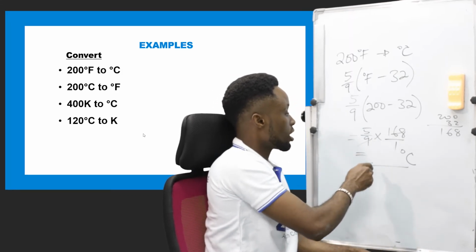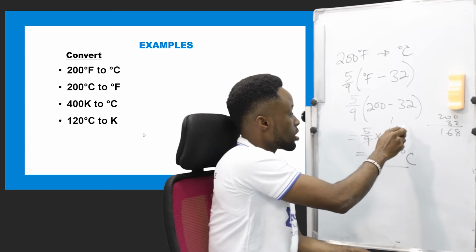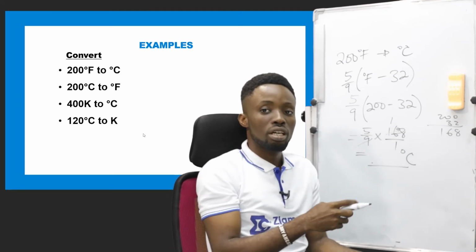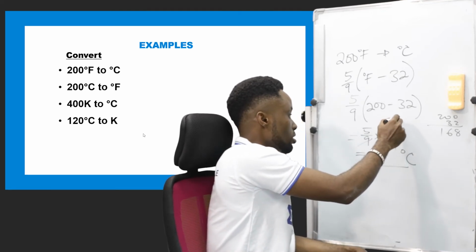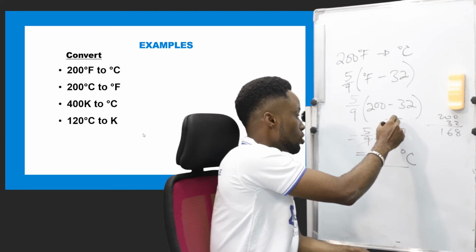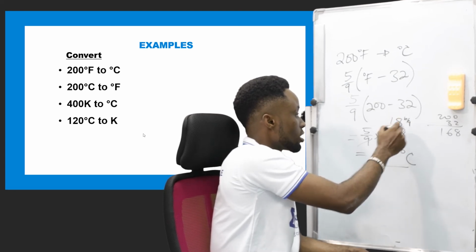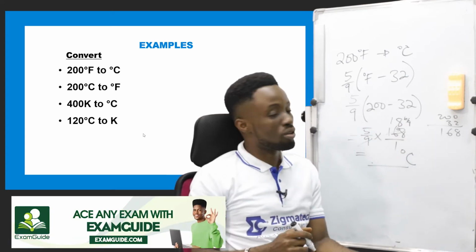If you take 9 here, 9 goes into 16 once, remainder 7. 9 goes into 78 eight times, 9 times 8 is 72, so it's 8 remainder 6. So 5 times 18, 6/9 will give us the resulting answer.